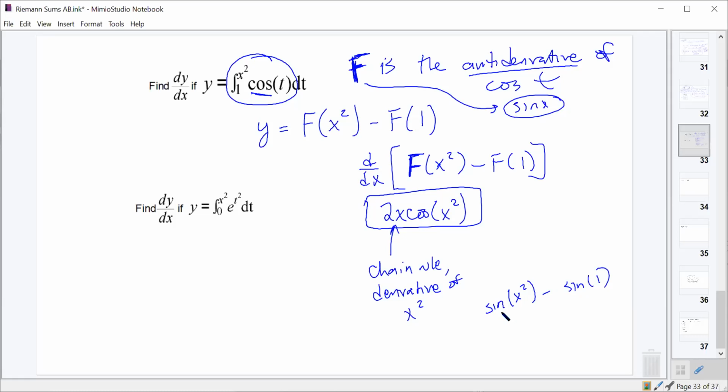And how do we find the derivative of sine of x squared? Well, it's cosine of x squared times the derivative of x squared, 2x cosine x squared. And what's the sine of 1? It's just some number, so its derivative is 0, and it goes away. So that's intuitively how we find these antiderivatives: we know most of the derivatives, so if we do those things in reverse, those should be our integrals or antiderivatives.